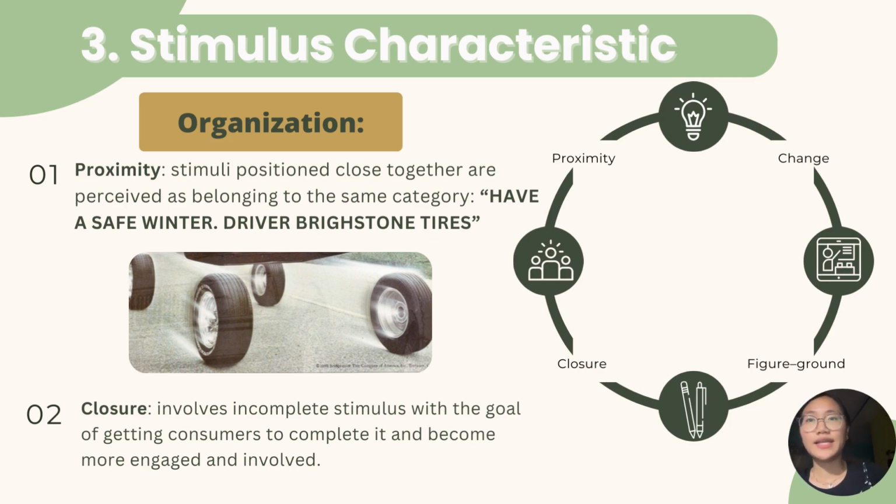And next is organization. There are three types of organization in the stimulus characteristic. First is proximity. It refers to the fact that stimuli positioned close together are perceived as belonging to the same categories. For example, you can see the Bridgestone tires here, and the slogan "Have a safe winter, try Bridgestone tires."